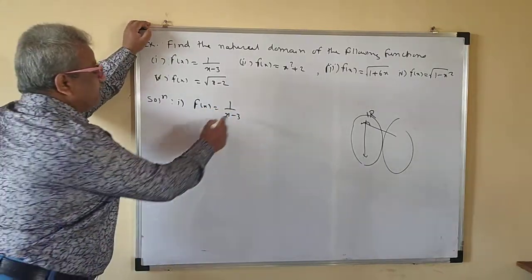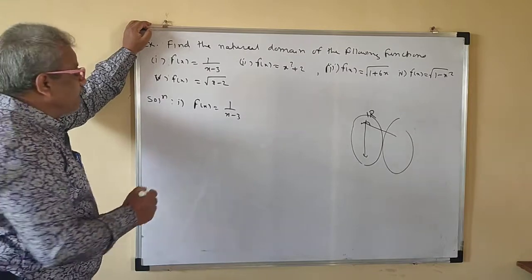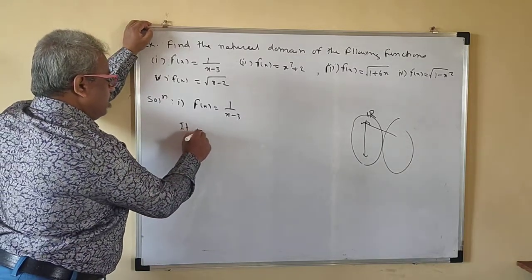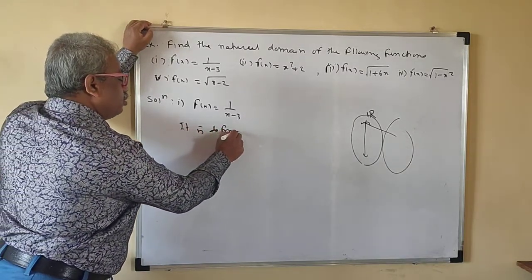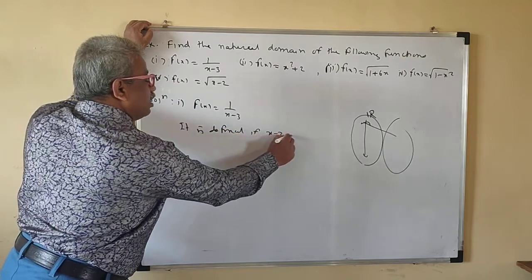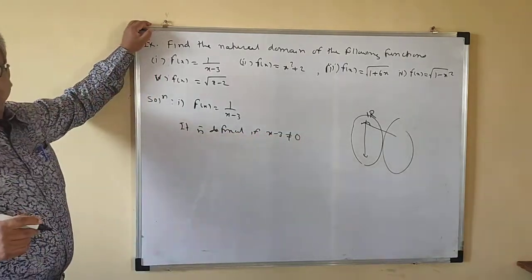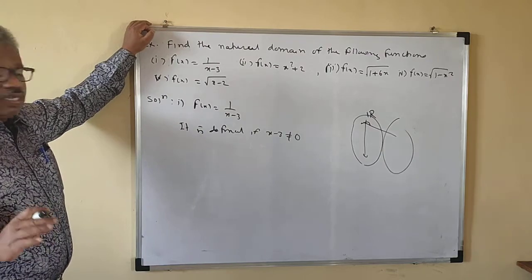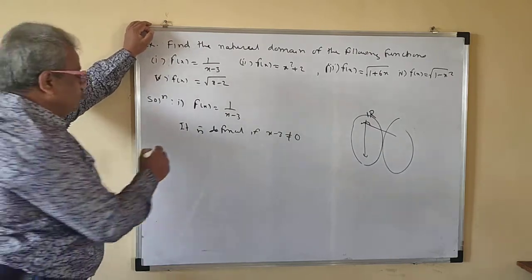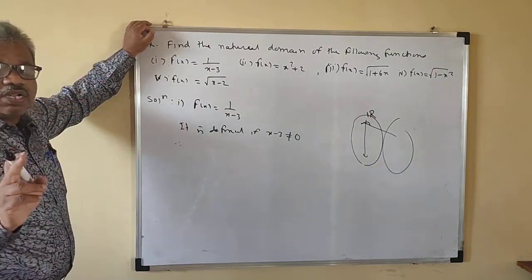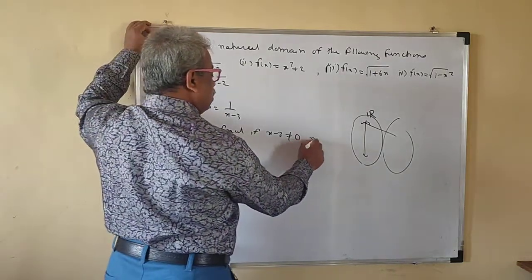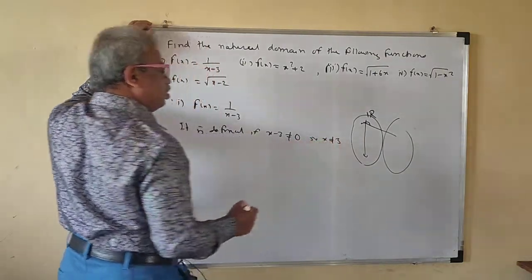So now, when is it defined? It is defined if x minus 3 is not equal to 0. That means if x minus 3 is not equal to 0, then this is well defined. It is not defined when x equals 3.